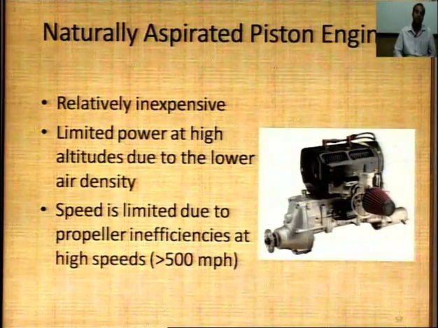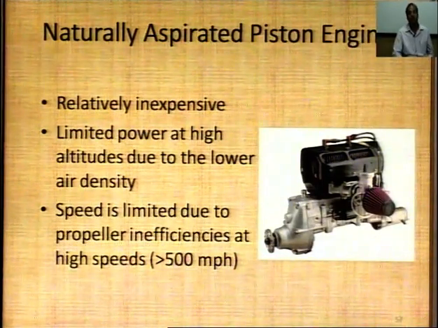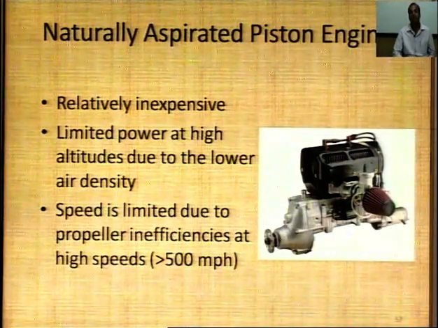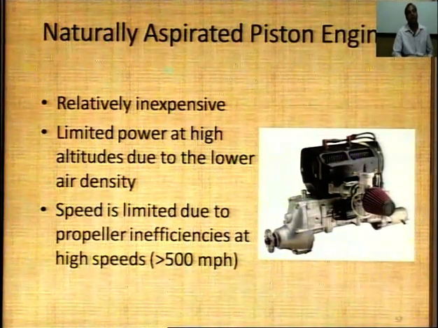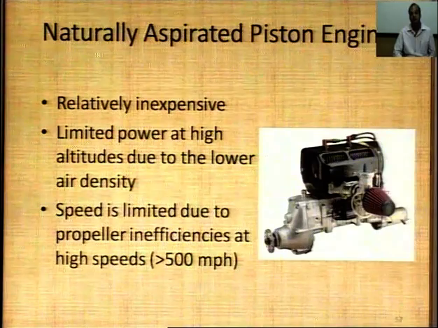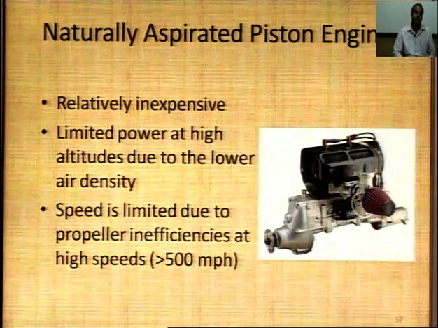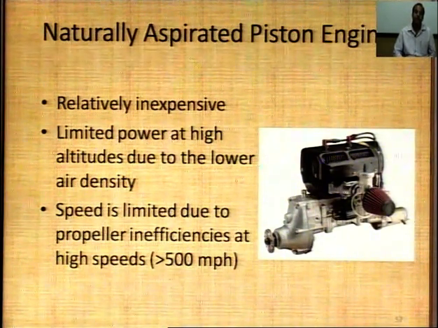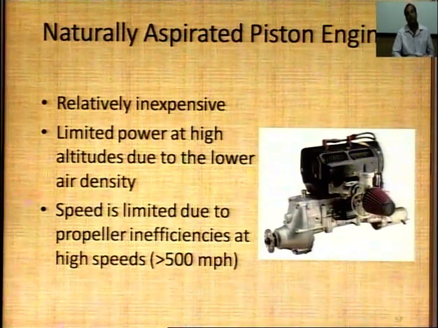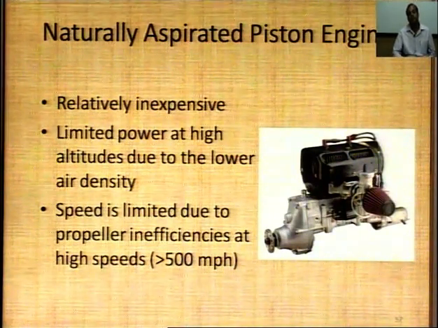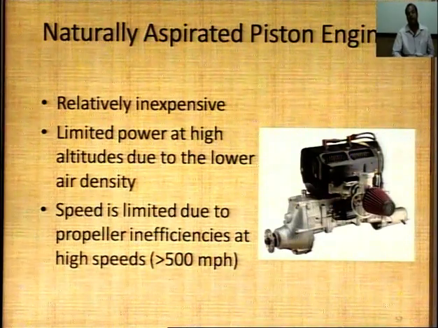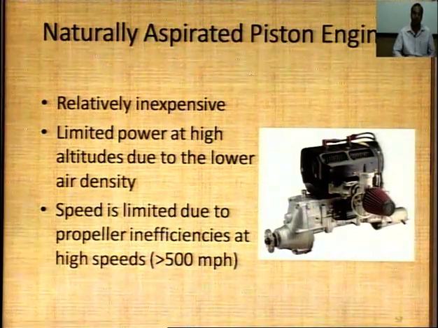This is a major drawback of these engines. These cannot produce higher power at higher altitude. Next is speed is limited due to the propeller inefficiencies at high speed, more than 500 miles per hour.